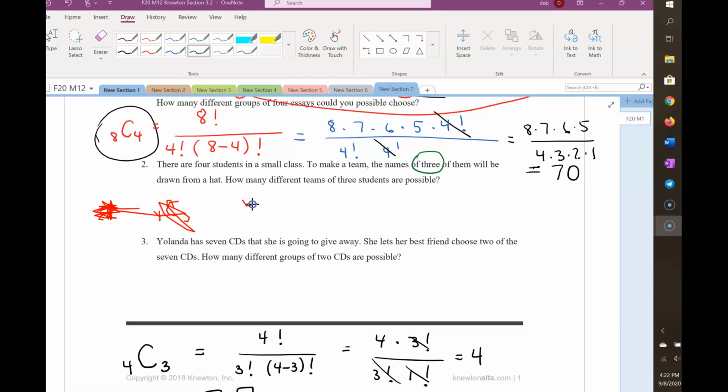So we already figured out that that was 4, so I won't redo that one. And then the next one, if you have 7 CDs and you're going to choose 2 of them, that would be 7 choose 2. And then again, you have the answers down at the bottom of the worksheet so you can check and make sure.